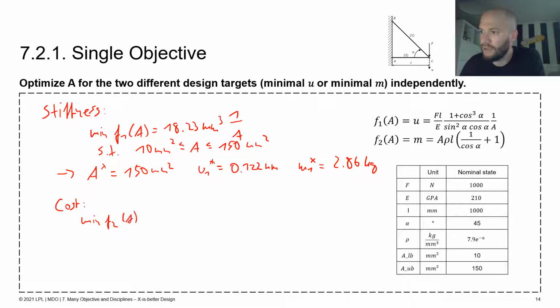So we minimize F2, and same thing, we can enter the values out of the table, and we end up with 19.07 times 10 to the power of minus 3 kilograms divided by square millimeters, multiplied with our design variable here.